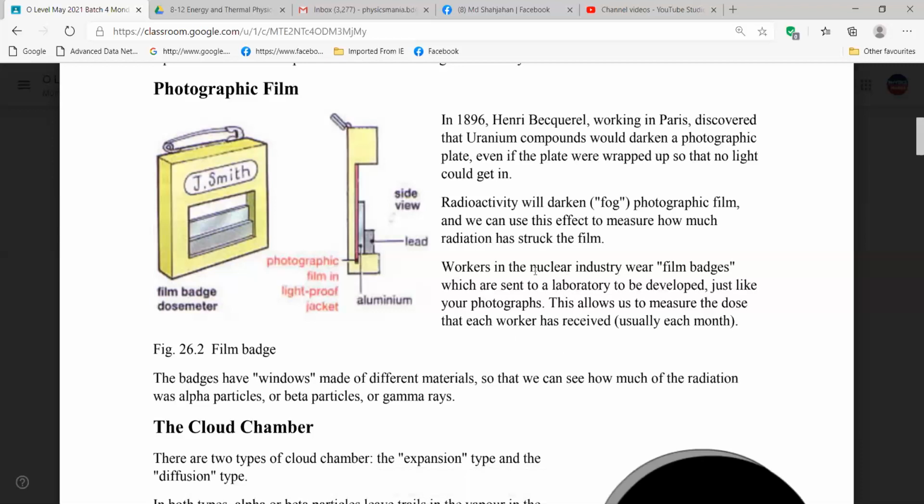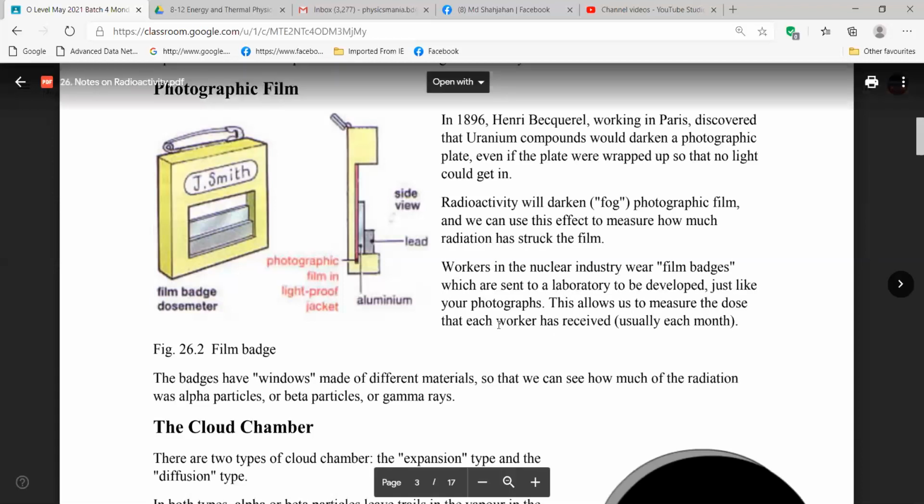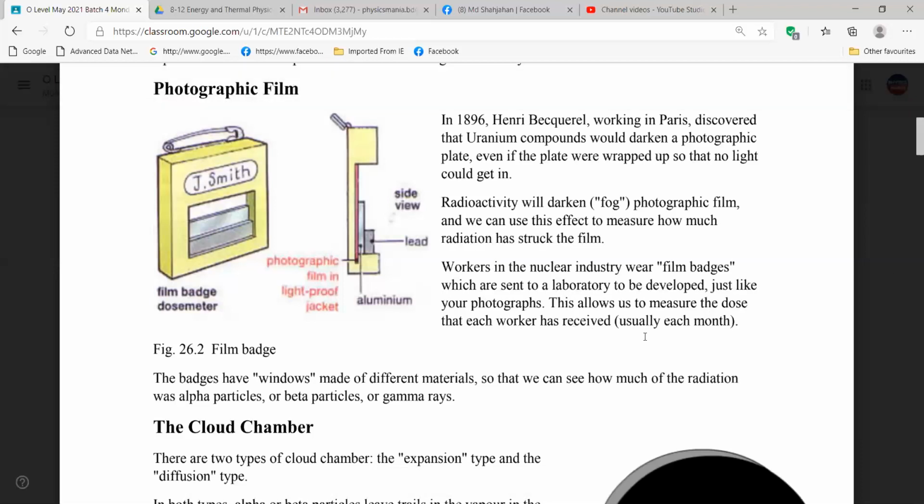Take this note. Why are they using it? Because photographic film darkens or fogs when it reacts with radioactivity. This allows them to measure the dose they receive monthly.